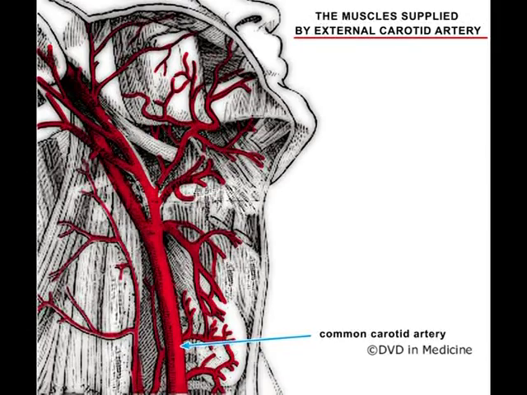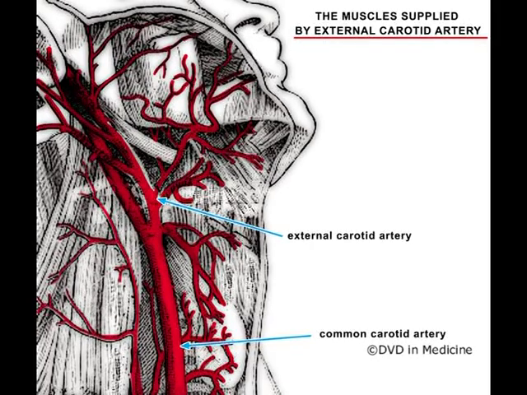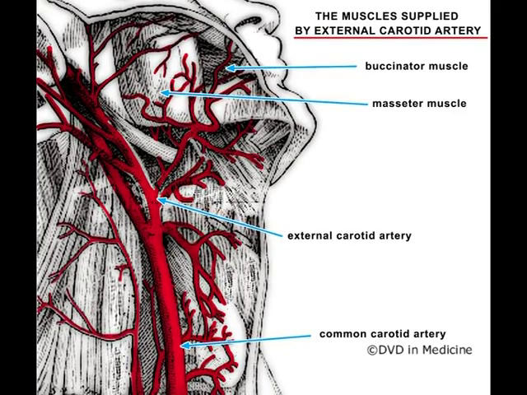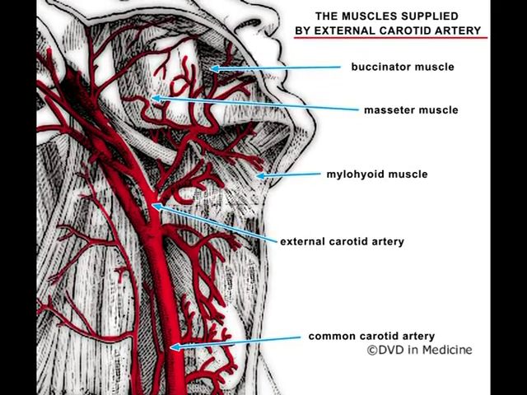The external carotid artery supplies the relatively high resistance vascular bed of the facial muscles, pharynx, tongue, and scalp.